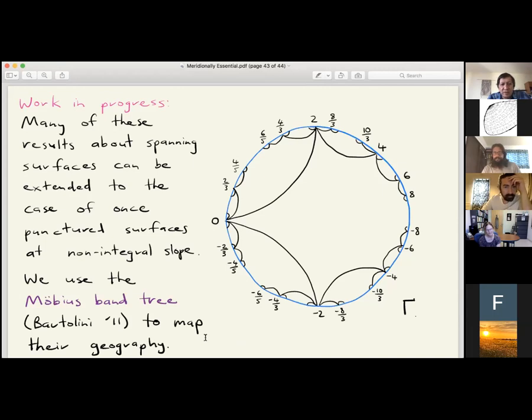Joshua, do you have any possible candidates for counterexamples to your conjecture? Not really. I think the closest ones are maybe a genus 1 satellite knot with 0 winding number.